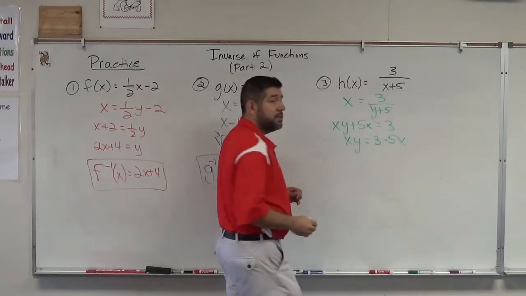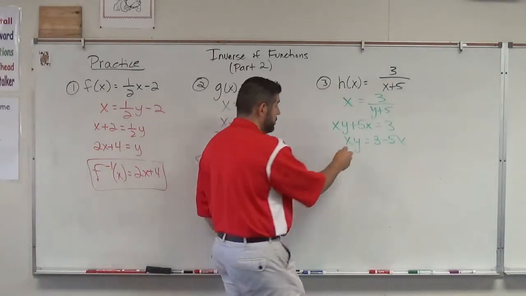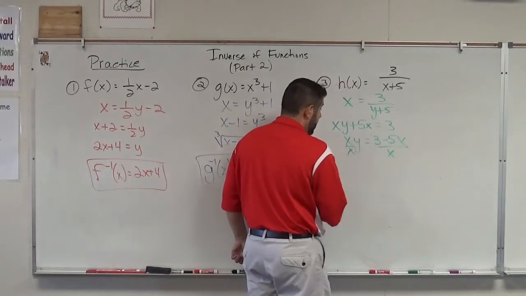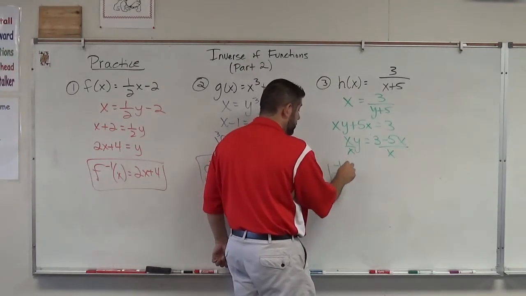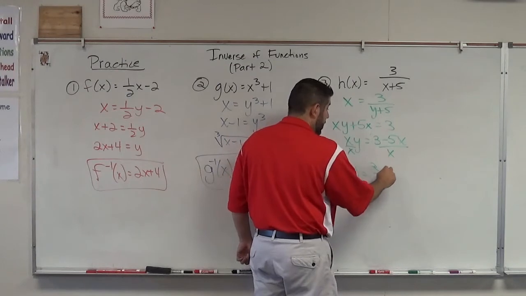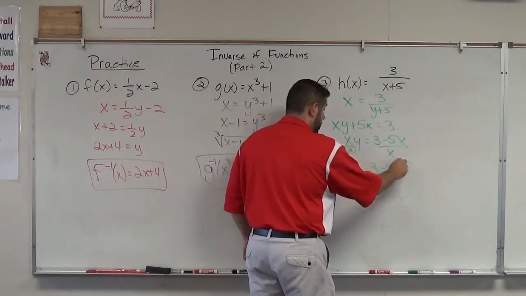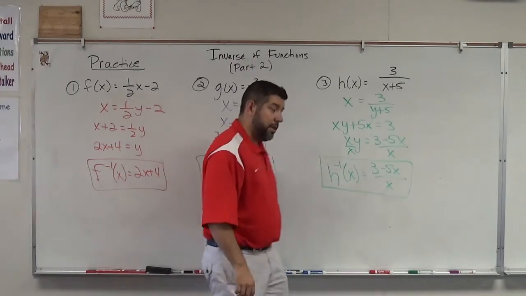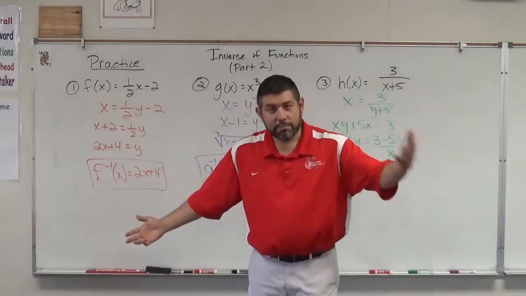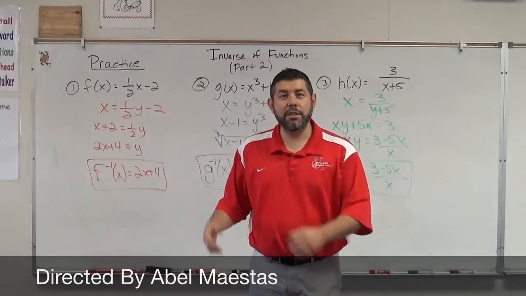So I get 3 minus 5x and then divide by x. And I get my function h inverse to be (3 minus 5x) over x. And there we go, guys. So, finding the inverse of a function algebraically.